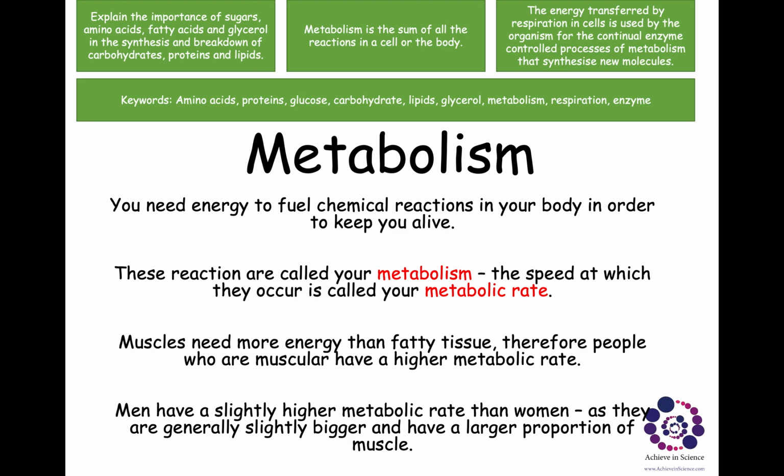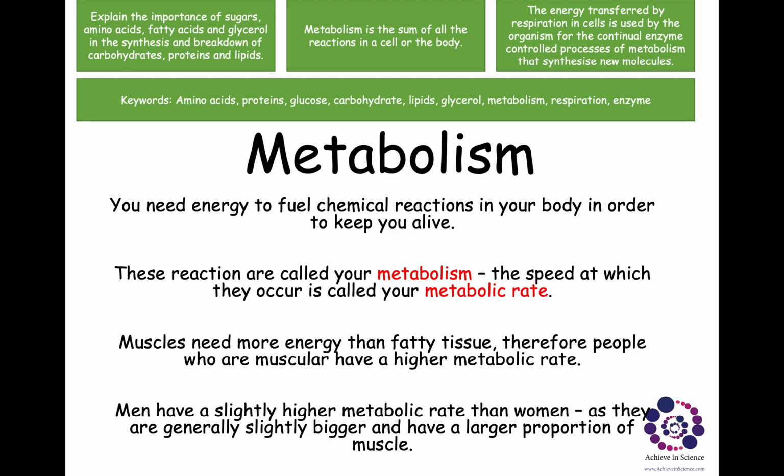Now metabolic rate will be different in different people. In some people it will be higher, in some people it will be lower, depending on a number of factors. So for example, the next line is muscles need more energy than fatty tissue. So people who are muscular have a higher metabolic rate.